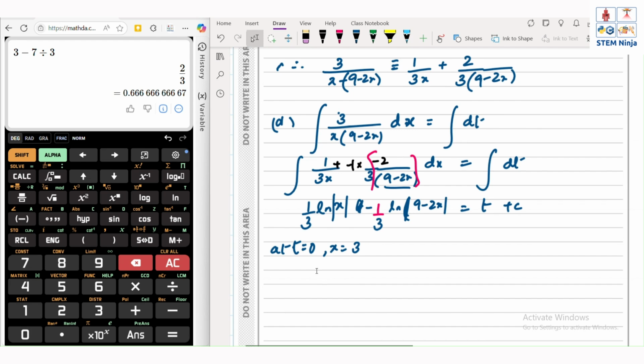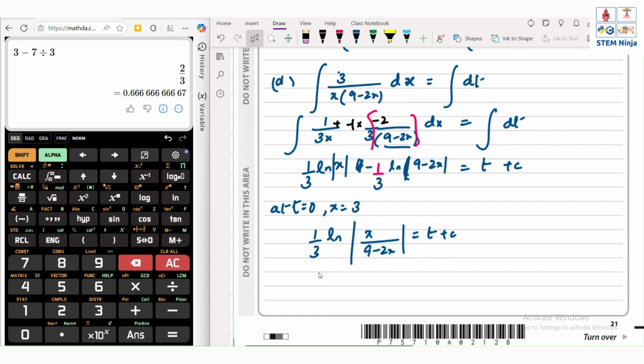So we need to find out the c over here. 1/3 of ln x over 9 minus 2x equals t plus c. So sorry, 1/3 of ln 3 over 9 minus 6, 3. 2 times 3, 6, equals t plus c.